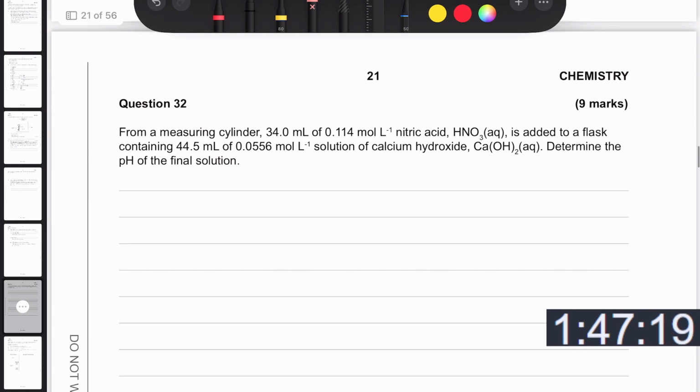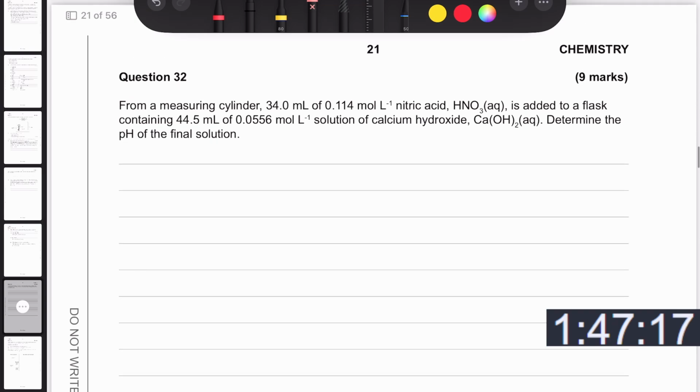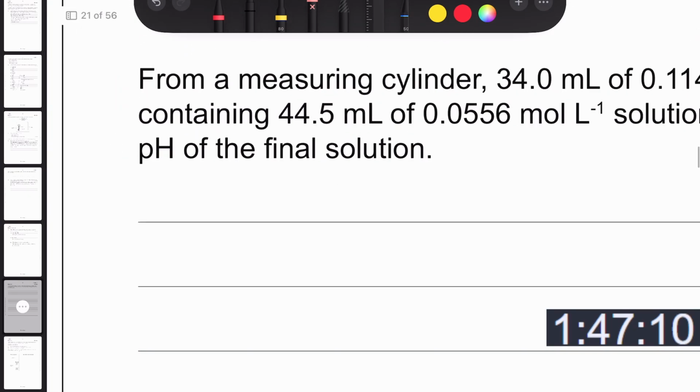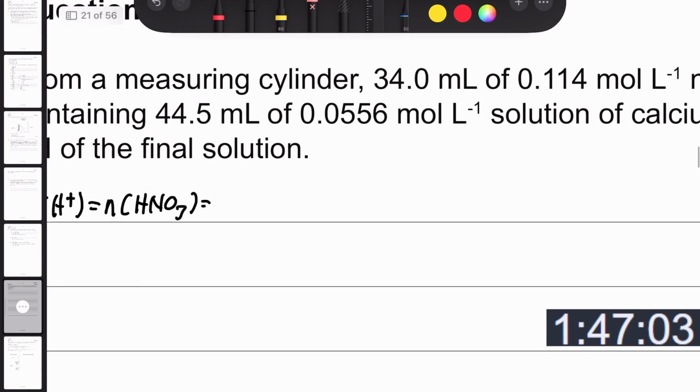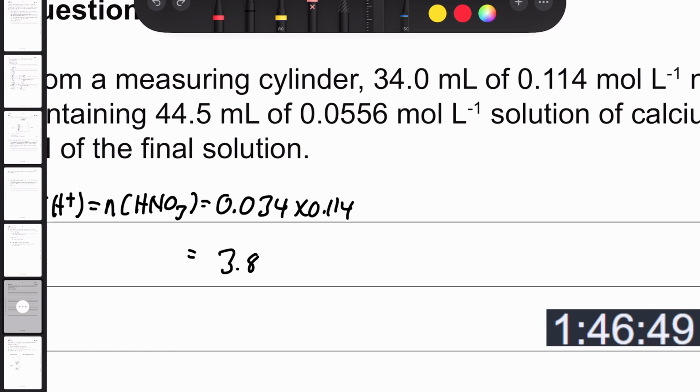Okay. For measuring a cylinder that is added to a flask, tell them the final pH of that. So let's see, number of H plus is going to be equal to the number of HNO3, which is going to be equal to 0.034 times 0.114. That is 3.876 times 10 to the negative 3 moles.